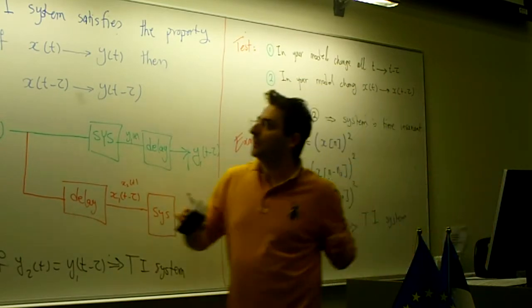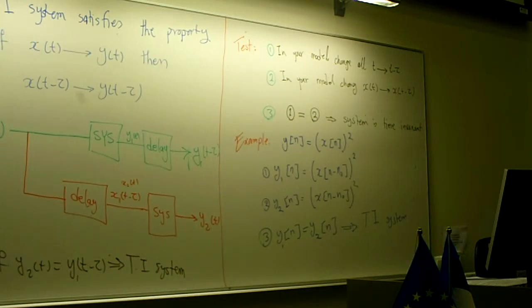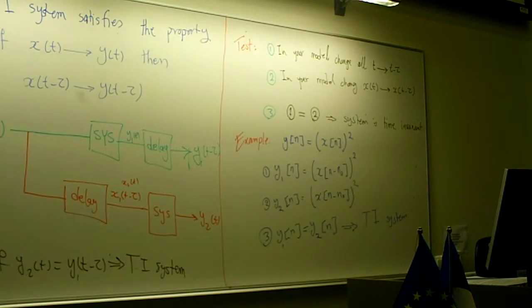Whereas in the next example, let's do a continuous one: y(t) equals t x(t). Step 1, y1(t), instead of all the t's, I put t minus tau.